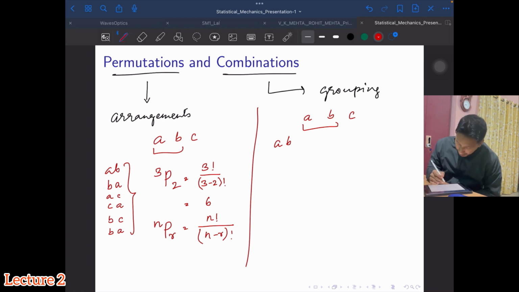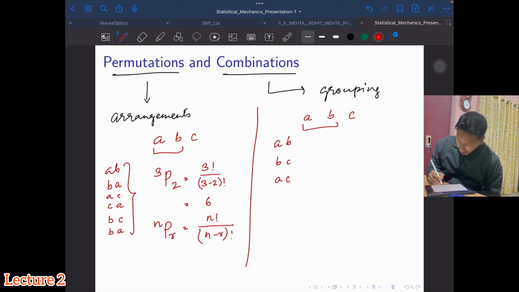The meaningful ways I can group these 3 objects, taking 2 at a time, are AB one way, AC, and BC. So I have only 3 meaningful groupings.